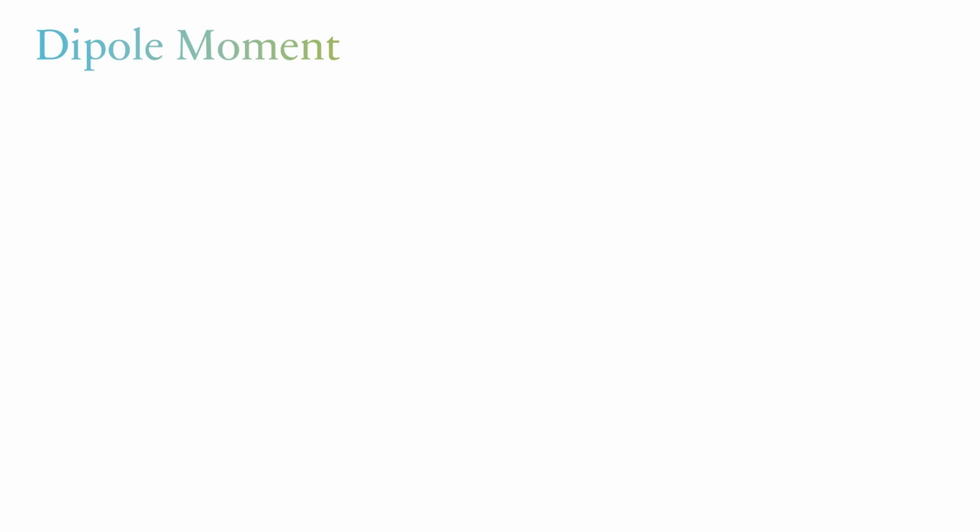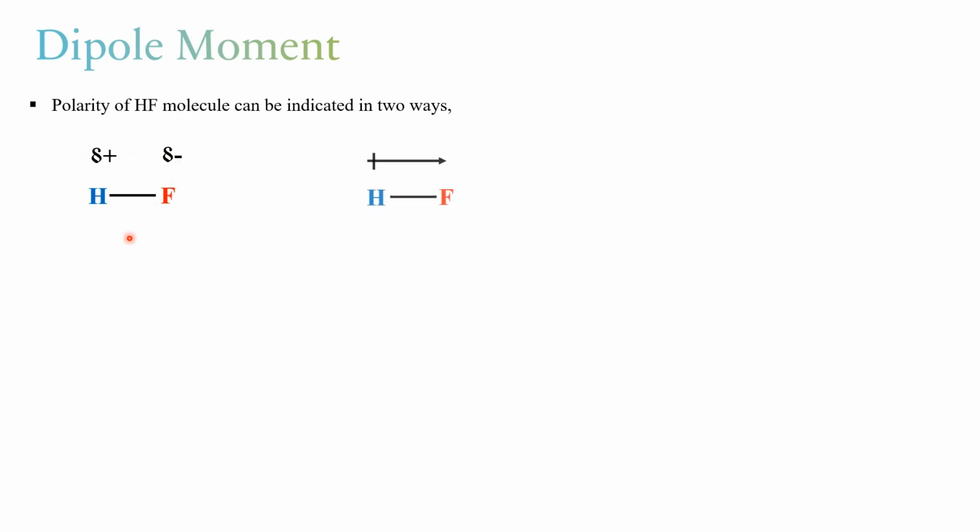Let's talk about the dipole moment. The polarity of the HF molecule can be indicated in two different ways. The one way we discussed in the previous slide: the unequal distribution of electrons represented by partial charges, delta minus on fluorine, delta plus on hydrogen. The same concept we can represent in another way using this cross arrow.